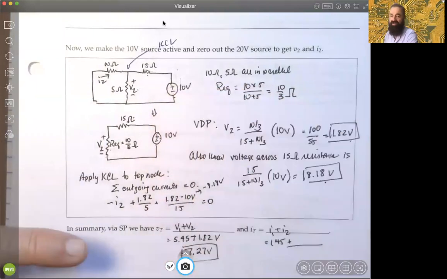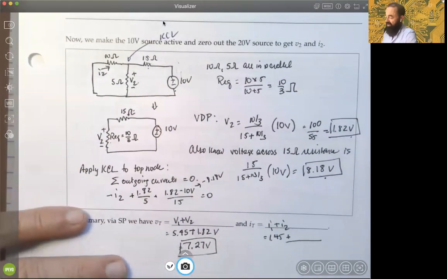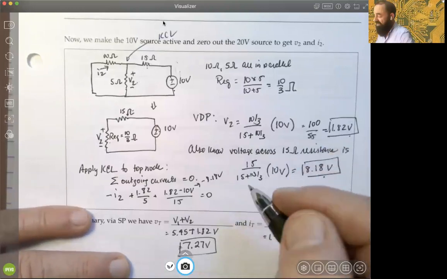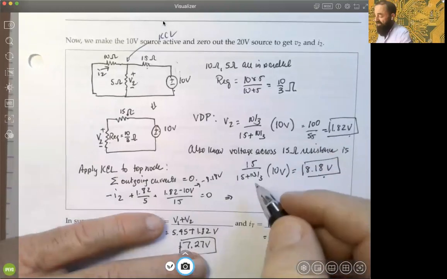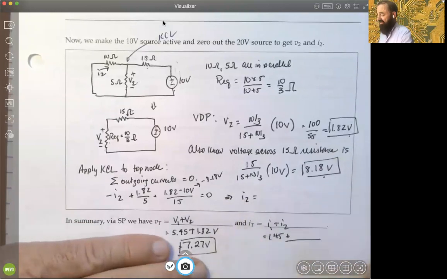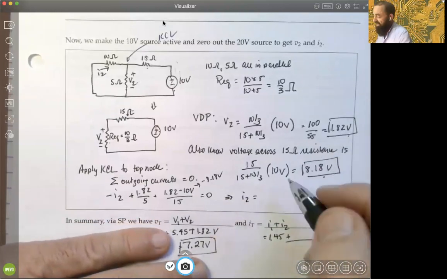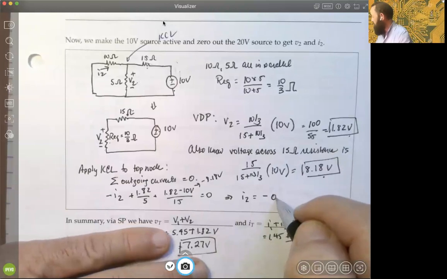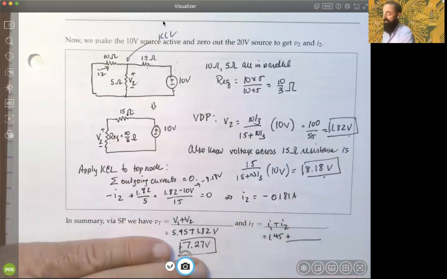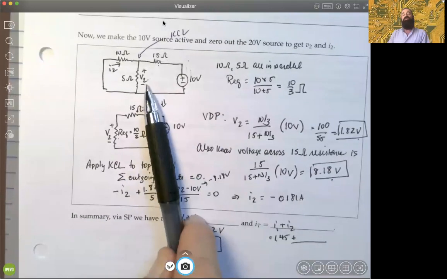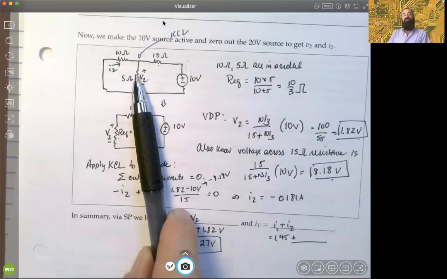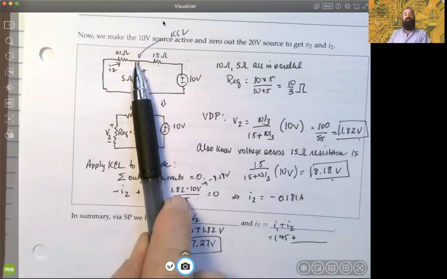If you do the algebra here and collect all the values, you will show that I2 is going to be negative 0.181 amps. So in fact, the reference direction chosen here is wrong, in the sense that the current is really flowing out.